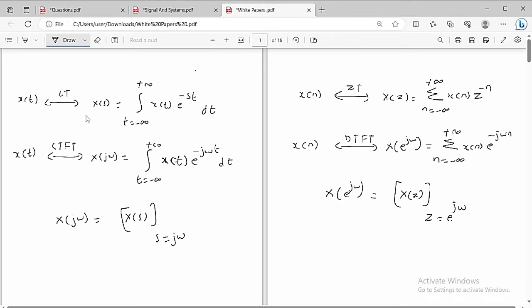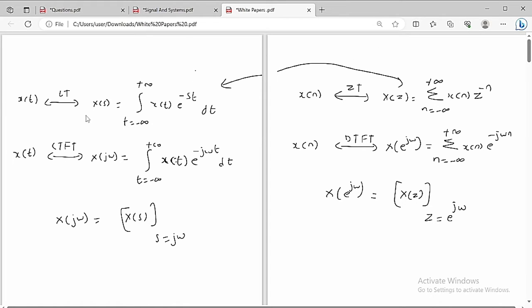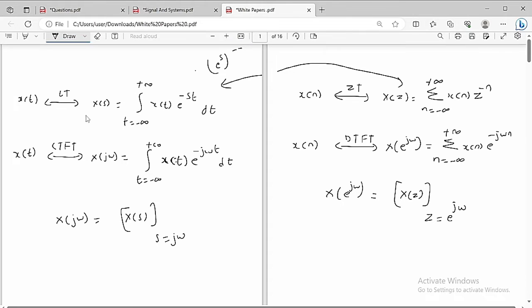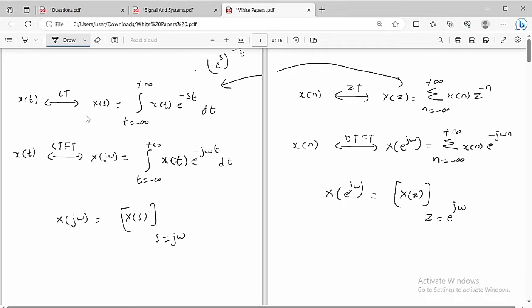And I already told you, whenever we are going to compare these two things, by comparing, the integration now becomes summation. T now becomes n. So we can write like this, right? Here e to the power of s I can take common, and the power of minus t, I can write like this. So let me write here. E to the power of s common, with the power of minus t.